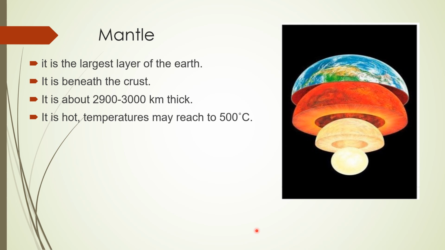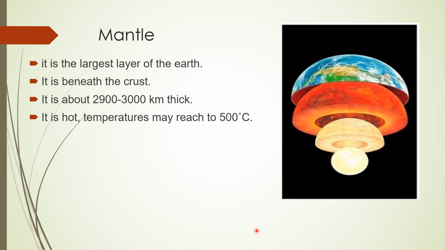It speaks about how hot it is. So they are saying to us that temperatures may reach 500 degrees Celsius. So you could imagine how high the temperatures are in this mantle, meaning that in this layer, life cannot exist.